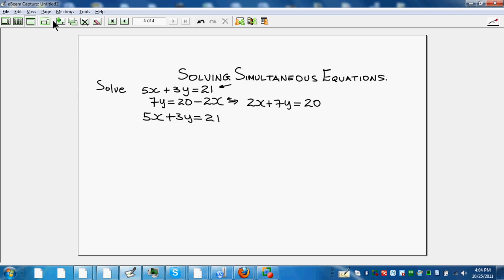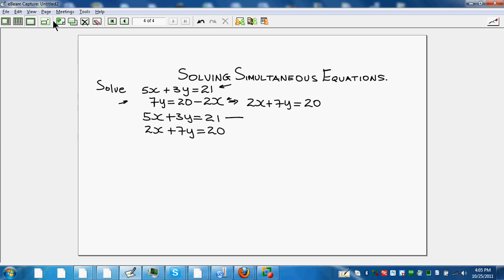And the one below it will be 2x plus 7y equal to 20. Now notice, I didn't go straight into solving it. What I did was bring the two equations that I'm going to work with together, so that I'm not going to have my mind having to drift. I brought them close together, and then I proceed.